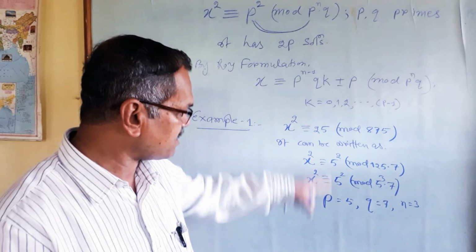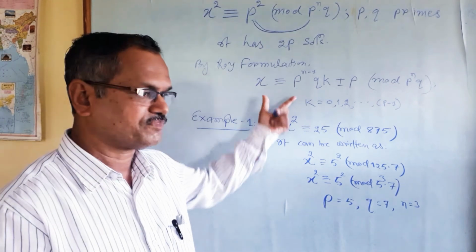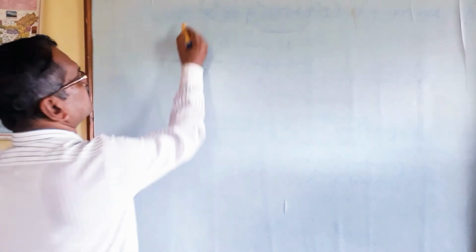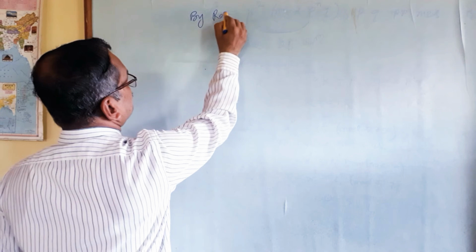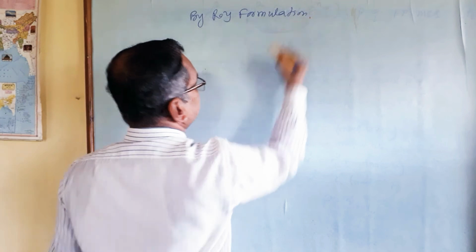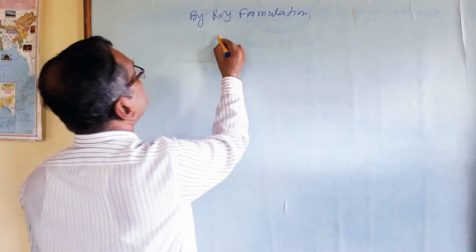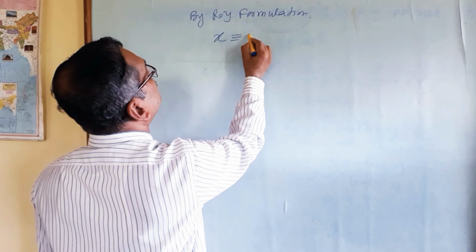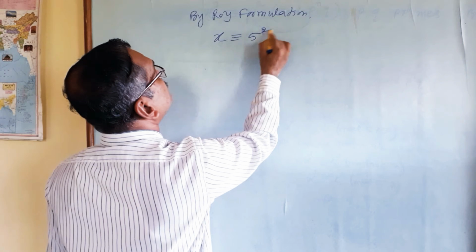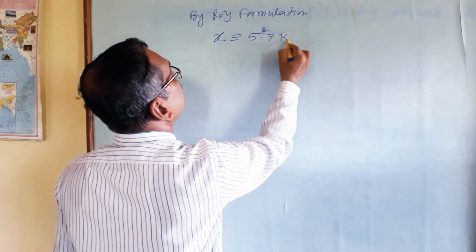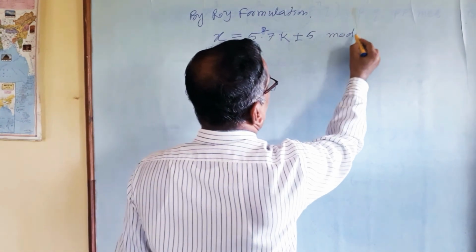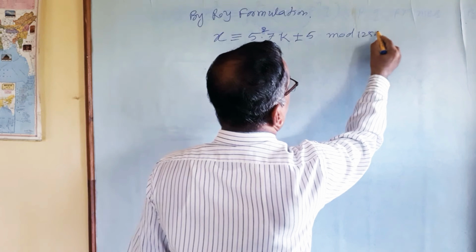So by Roy formulation, the solutions are given by this formula: x is congruent to 5 power 2 into 7k plus minus 5 mod 125 into 7.